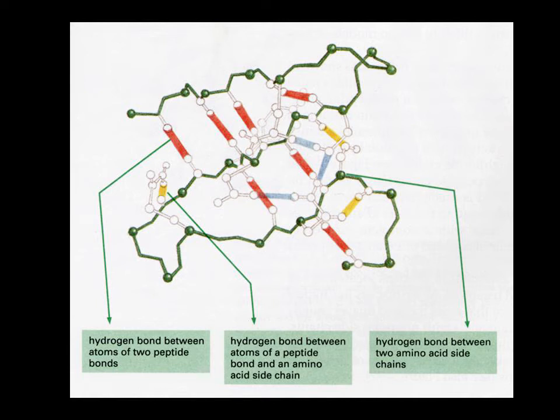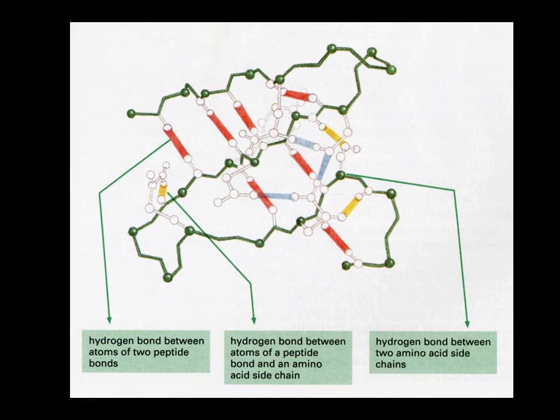And also hydrogen bonds can be formed between the backbone or the peptide bond groups and the side chains of the amino acids. It's shown in yellow here. So with all those hydrogen bonds formed, this twisting and turning that forms this three-dimensional structure is kind of stabilized in that configuration.